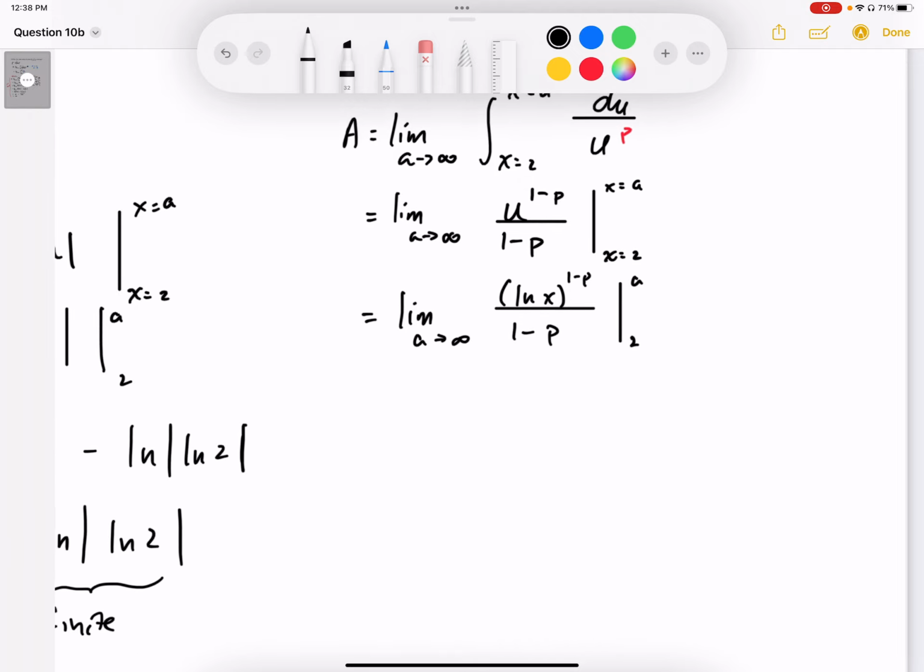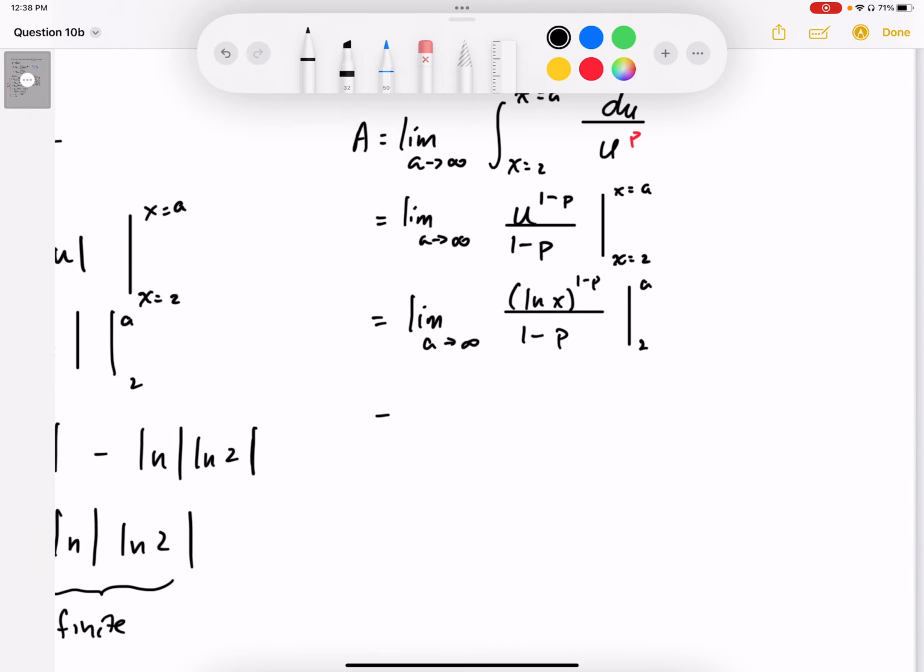Then plugging in infinity here, I'm going to end up with log infinity to the 1 minus p over 1 minus p, minus log 2 to the 1 minus p over 1 minus p.